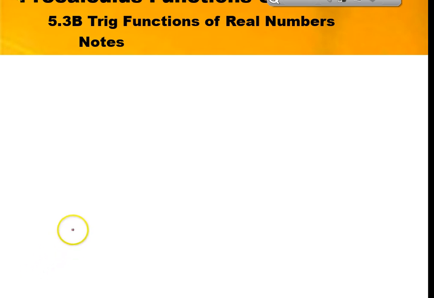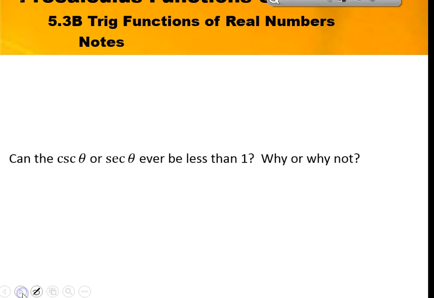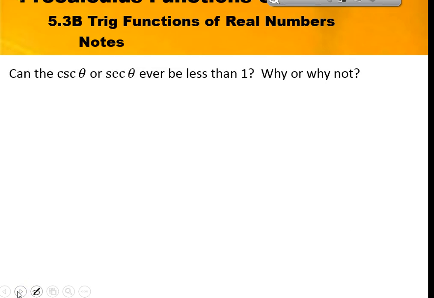Okay, so now we have some notes, so I'm going to click the notes. Why aren't you clicking? Oh, there. So last time, remember, when I was with you, we asked if the sine or cosine function could ever be greater than 1.